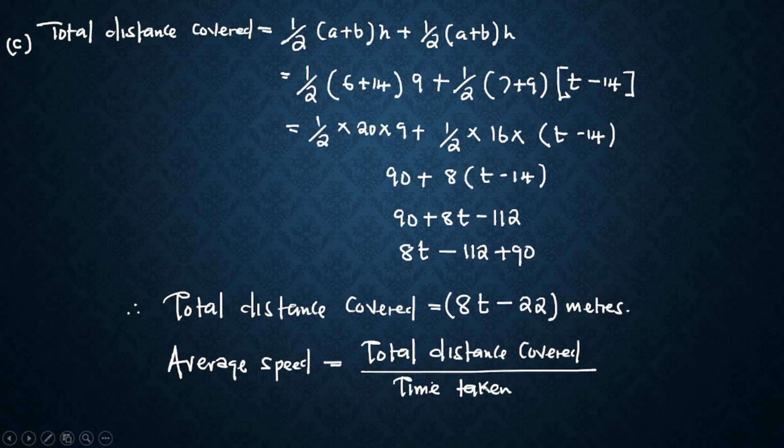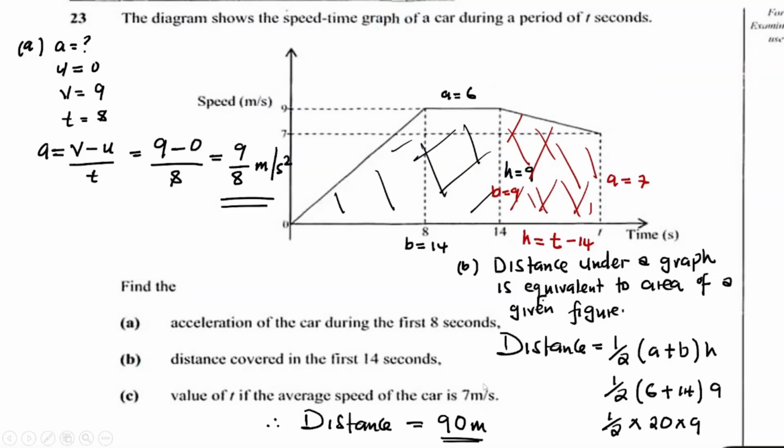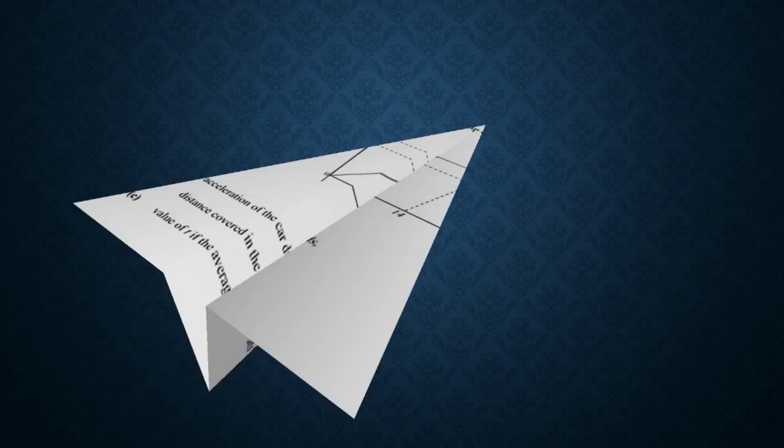Okay, so if you look at our diagram there, the time taken for the whole journey, that happens to be the t. Then we are told that the average speed is 7 meters per second. So we'll go back and fill in this formula where our average speed is equals to 7, being equal to our total distance covered.